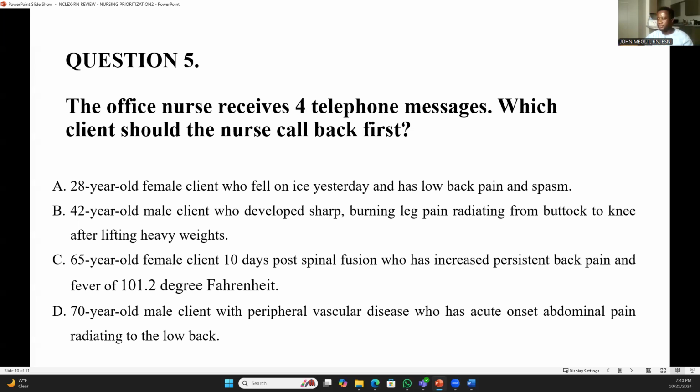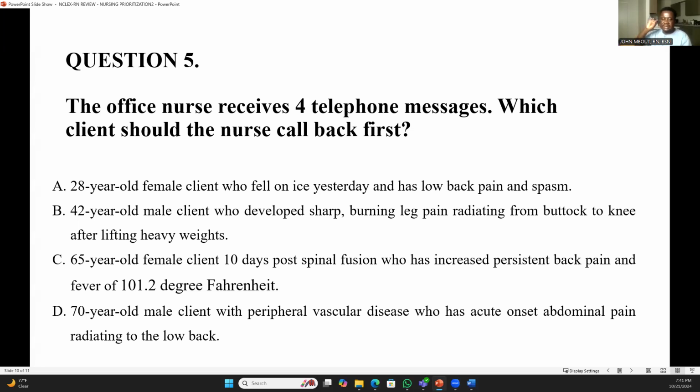We look at first rule, which one is acute? D, we say 70-year-old male with peripheral vascular disease who has acute onset abdominal pain. This is a new change of condition. You have to attend to this client first.